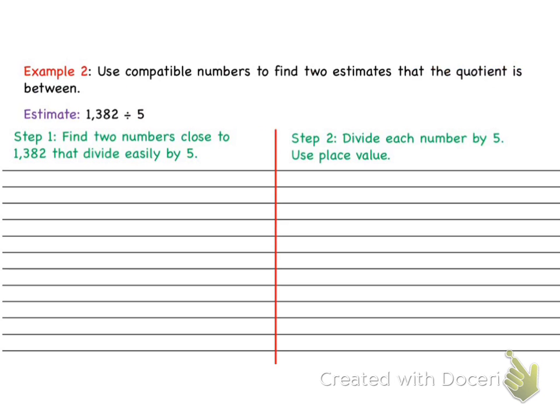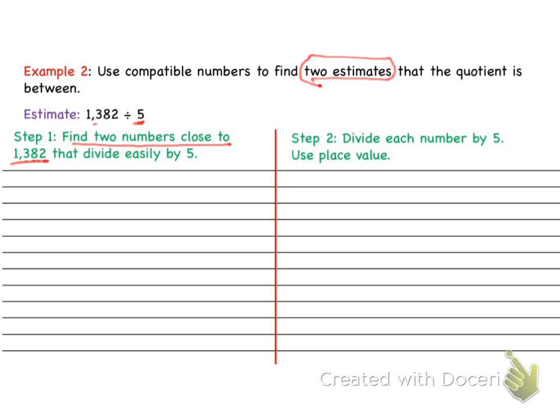Okay, here's another one. They want us to estimate and use compatible numbers to find two estimates that the quotient is between. Estimate 1,382 divided by 5. We need to find two numbers close to 1,382.